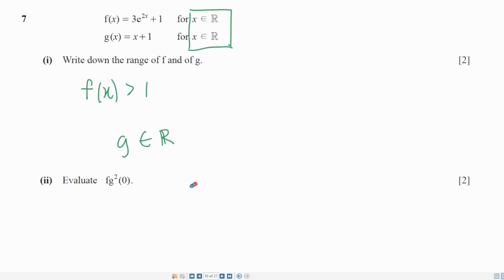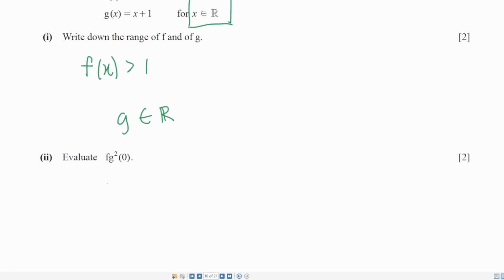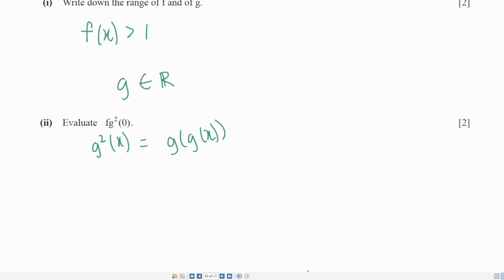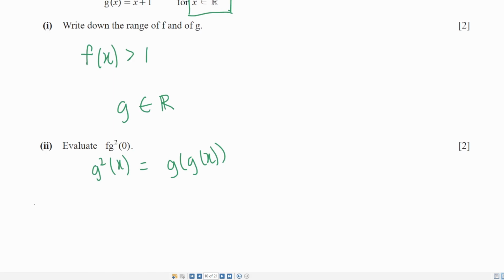Alright, so our second question here, evaluate f of g squared when 0 is inputted as the x value. So how can we do this? First of all, let's evaluate g squared first, right? So this basically means g inside of g of x. Okay, so g(x) is just equal to x plus 1, and if we put x plus 1 into x plus 1, so what do I mean by this?